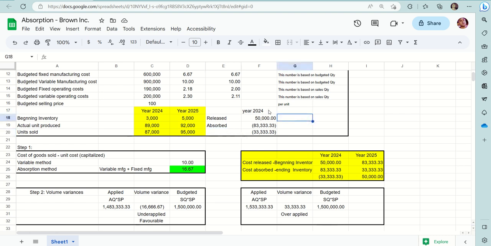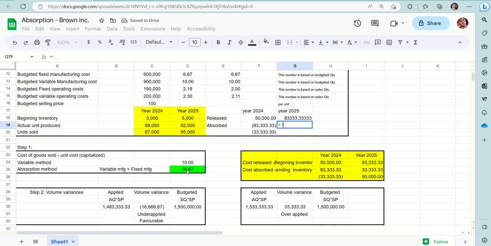But with respect to year 2025, I'm going to show you over here. These are the same thing, I'm just showing you as a duplicate, so you know how it came. We have the beginning inventory. Now we're going to release that.